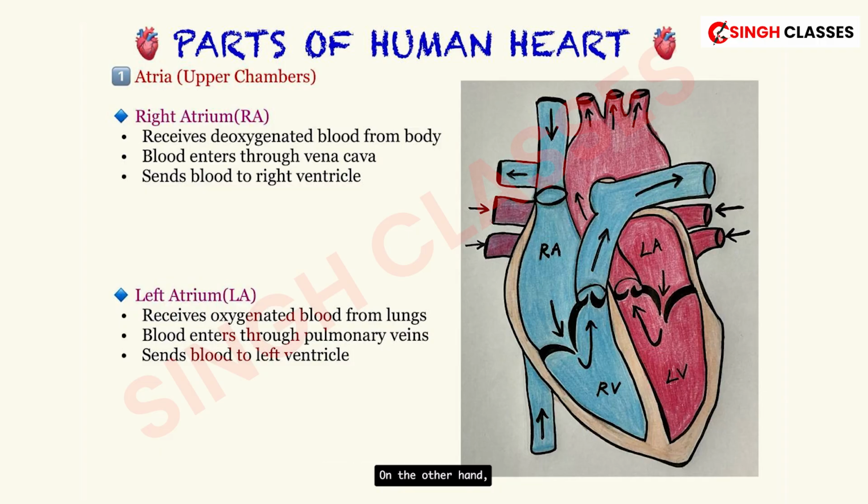On the other hand, the left atrium receives oxygenated, pure blood from the lungs through the pulmonary veins. It sends this oxygen-rich blood to the left ventricle through the bicuspid mitral valve, which also prevents backflow. Thus, the right atrium collects impure blood from the body, while the left atrium collects pure blood from the lungs.